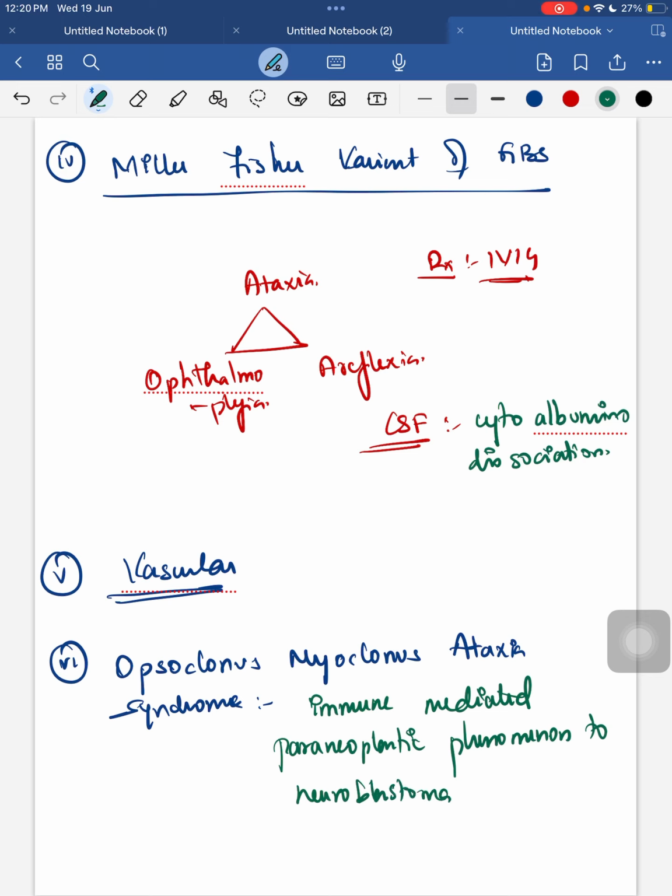So what are the causes of congenital ataxia? First will be Chiari malformation. Arnold-Chiari malformation type 1 and type 2 both can cause chronic static ataxia, also called congenital ataxia. Arnold-Chiari malformation type 2 is the classical one. Second one is Dandy-Walker malformation.